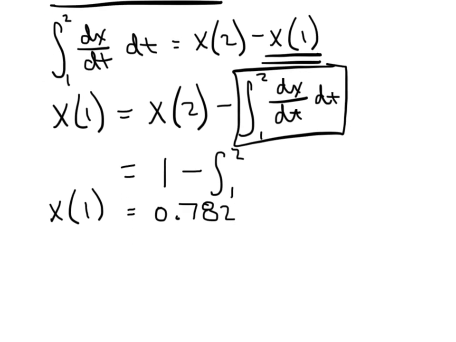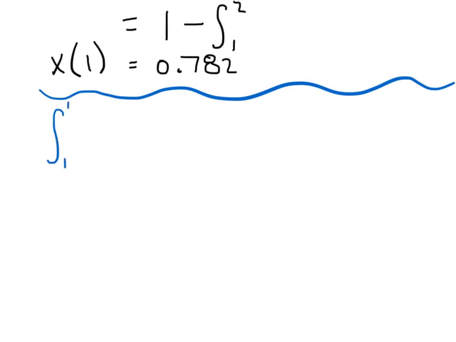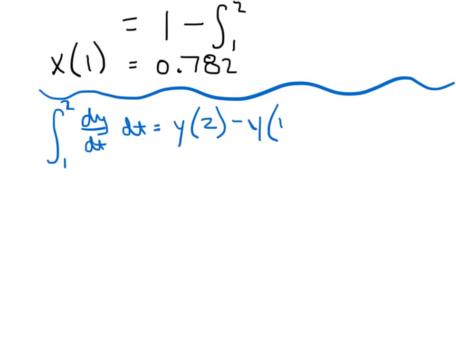So we're halfway home right now. I'm going to pick a different color here. We'll start all over. Let's talk about the y value. We know that if we integrate dy/dt from 1 to 2, we'll get the y position at 2 minus the y position at 1. Again, we're looking for y sub 1, so we'll add that to the other side, and then subtract our integral.